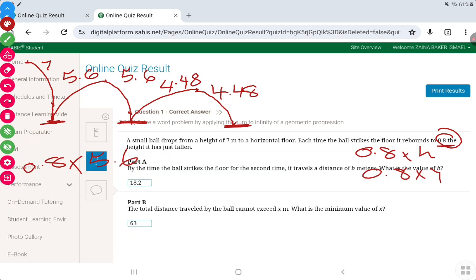Then it's going to rebound again, 4.48 times 0.8. It's going to rebound a distance of 3.584. And then it's going to fall the same amount, 3.584.